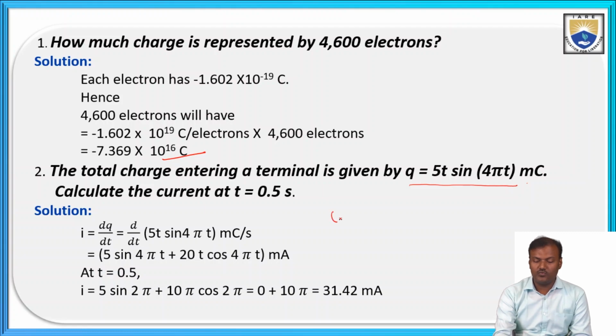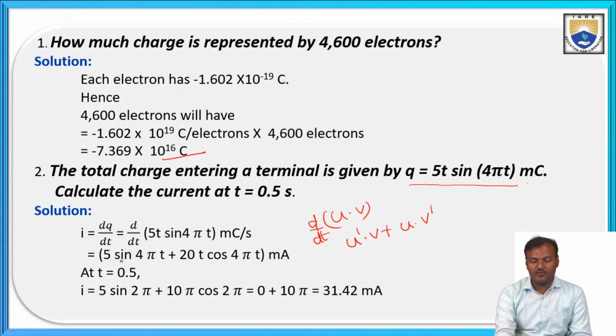According to the UV rule of differentiation, when we differentiate UV terms, it is U dash, that is the differentiation of U multiplied by V, plus U multiplied by the differentiation of V.